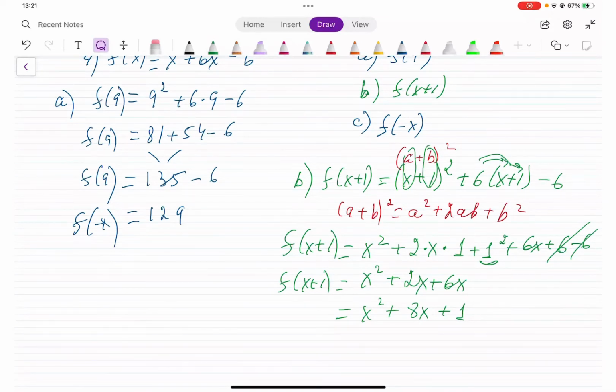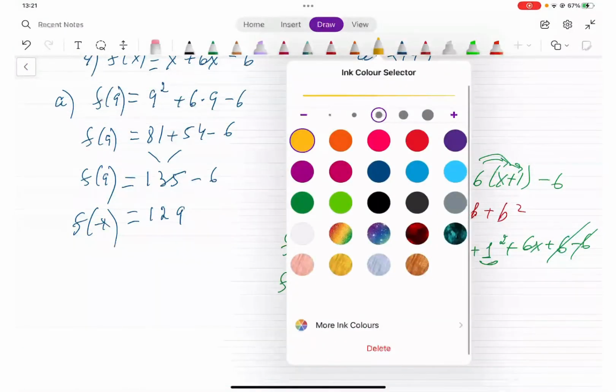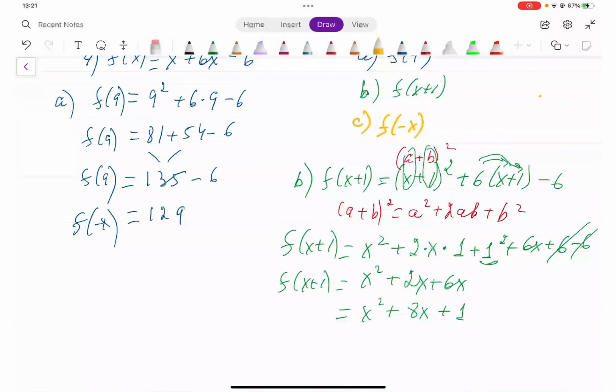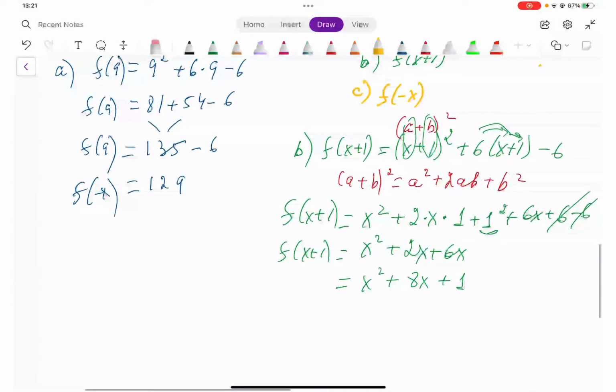Okay. And f of negative x, yellow color. Let me see if I can use... There we go, thicker so we can see f of negative x.